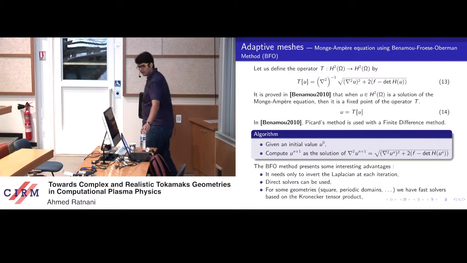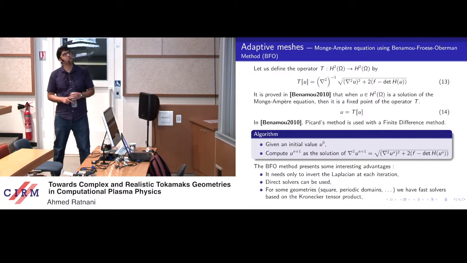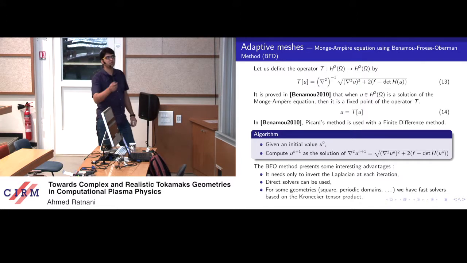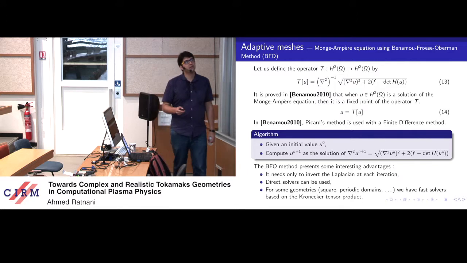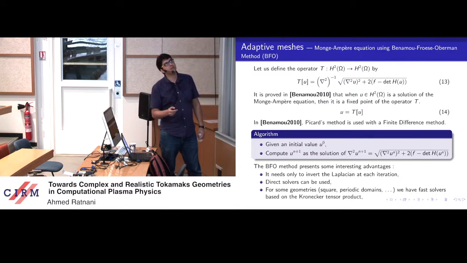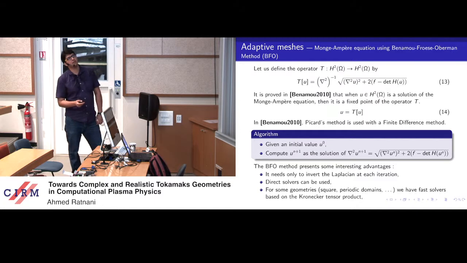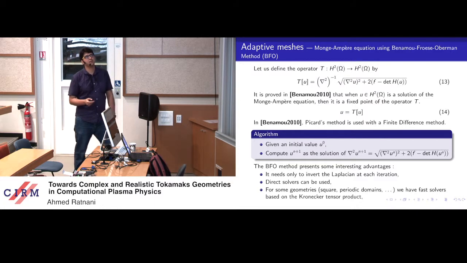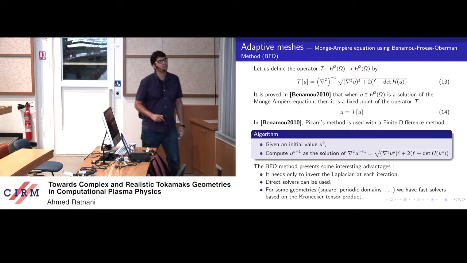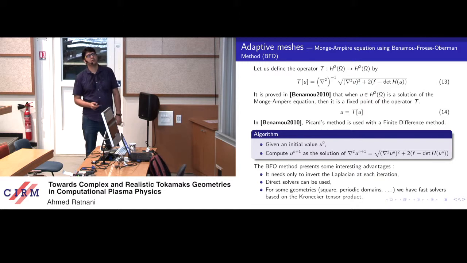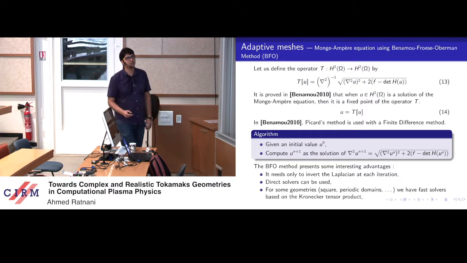Okay, so the numerical scheme that we use is to, rather than solve directly the equation with the Hessian, solve, in fact, a nonlinear problem by inverting this operator here. And there is a result that says if the solution is in H2, then it's a fixed point of this operator. Okay, so you can start with any initial value and compute the new value by just inverting the Poisson operator, the Laplacian operator.